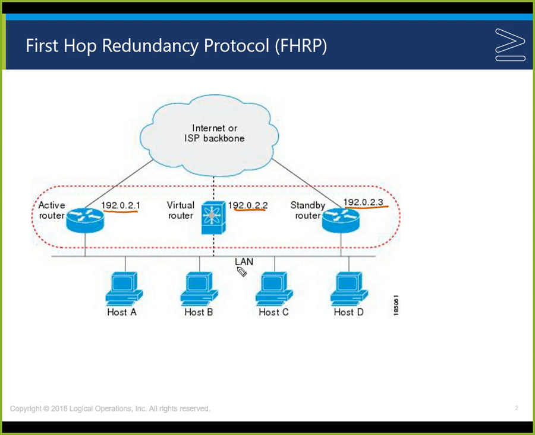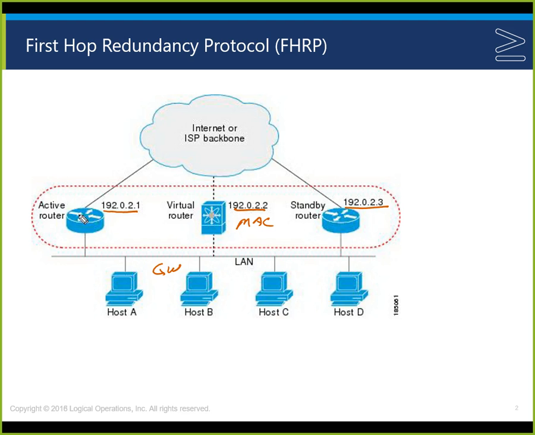The virtual router is going to be the default gateway, so it will be the gateway address here. It gets a MAC address, and the MAC address is predefined. We'll look at one here in a little bit, when we look at the configuration. But it gets a MAC address.